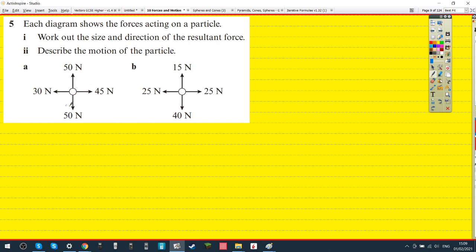So let's say you were to simplify the diagram, what would it be? Would it be like the particle is moving 50 newtons to the left? 15 newtons, which way? Left. Oh, right, sorry, right. Yeah. And so, yeah. And B? And here is it just the particle is moving downwards 25 newtons. Yep. So that's 25 down.